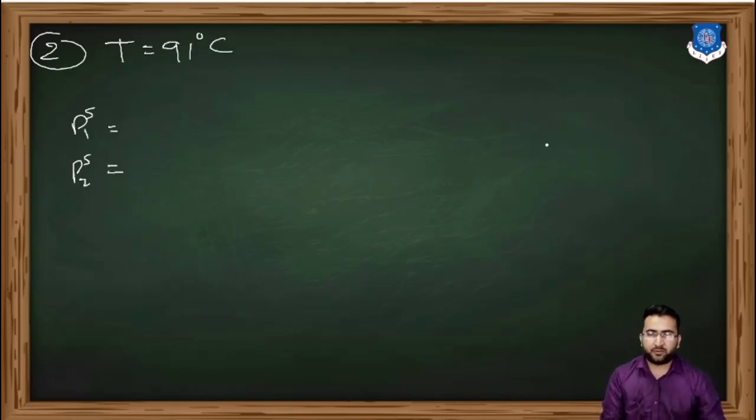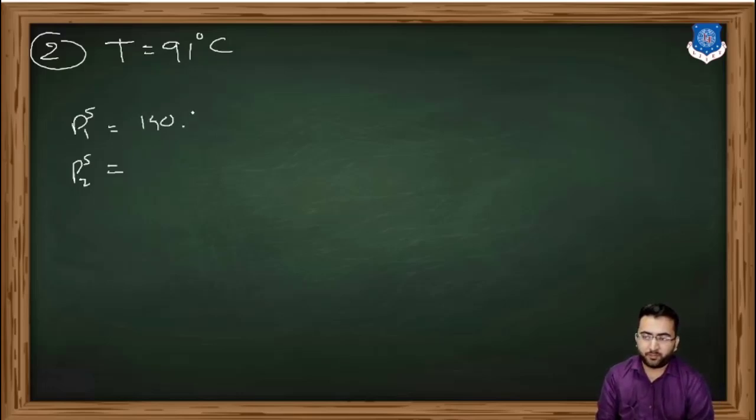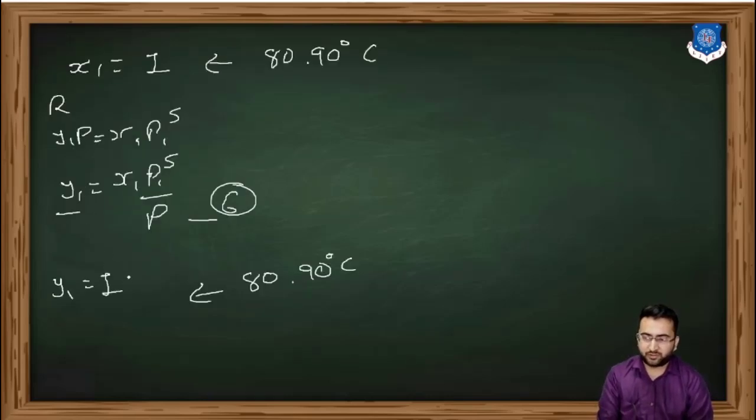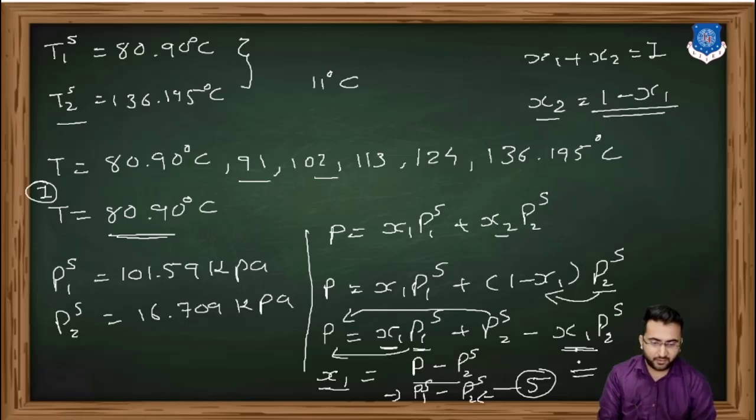Calculating these, P1 saturated is 140.471 kilopascal, and P2 saturated becomes 24.965 kilopascal.